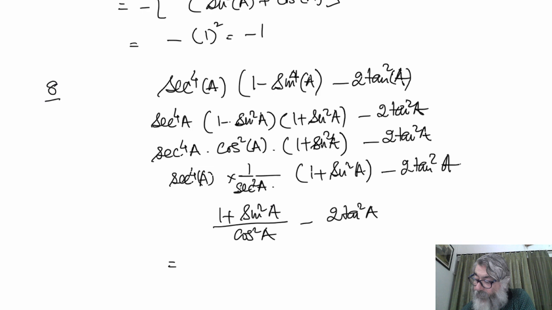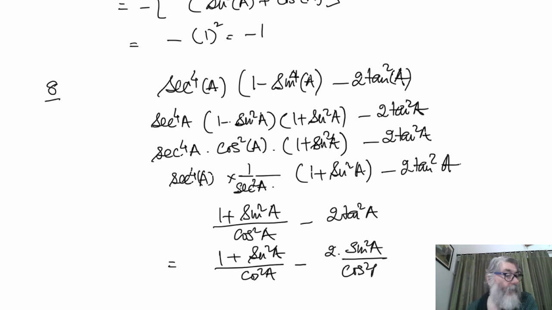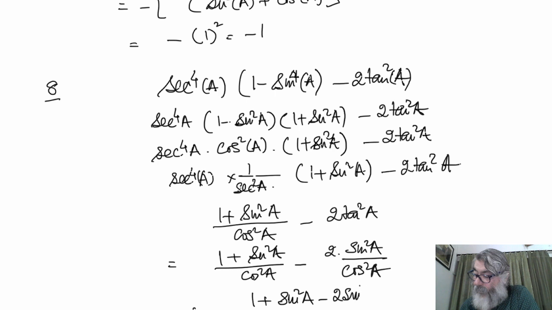Now 2 tan square a again can be written as 2 sine square a upon cos square a. So it will become 1 plus sine square a minus 2 sine square a upon cos square a.